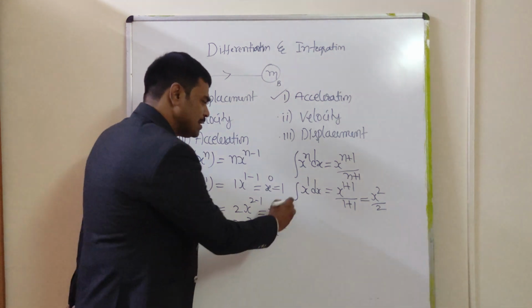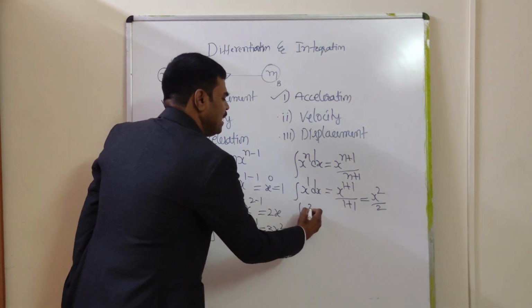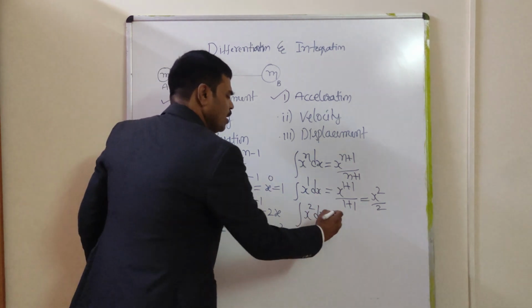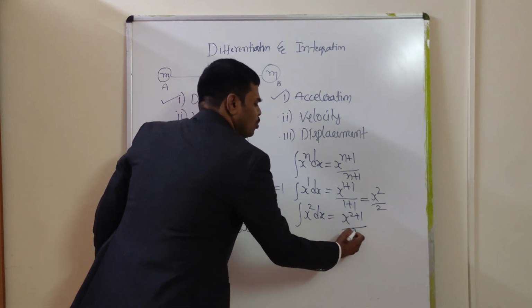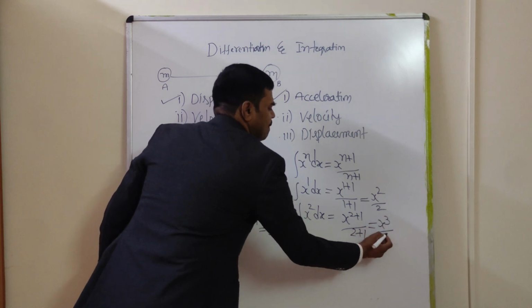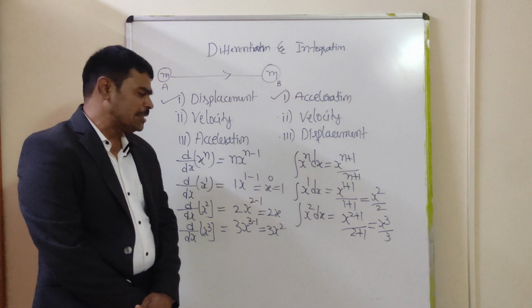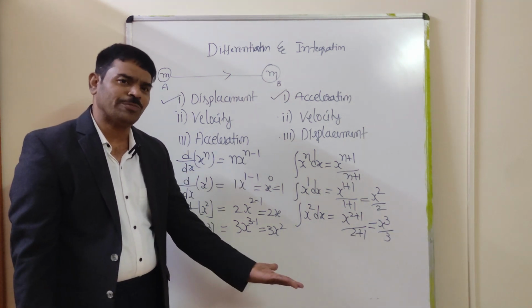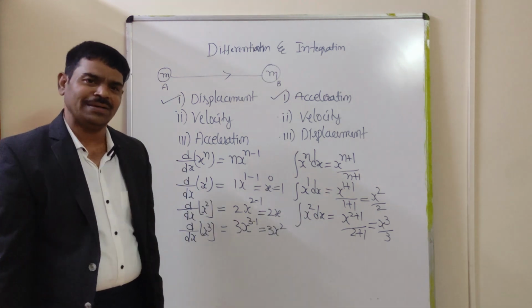If you use integral x power 2, that means x square dx, it is equal to x power 2 plus 1 by 2 plus 1, that is x cube by 3. Similarly, integral x power 3 dx equals x power 4 by 4, and so on. It is easy to remember.